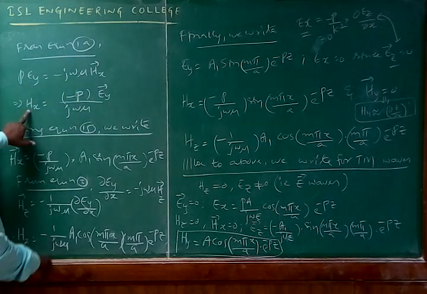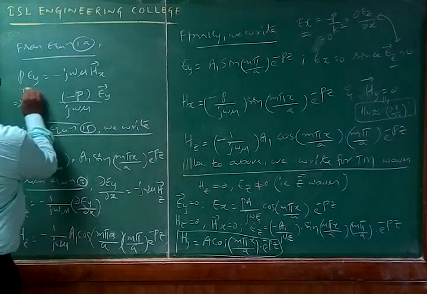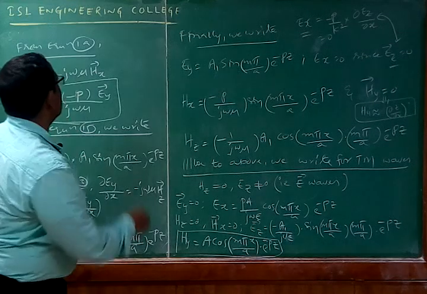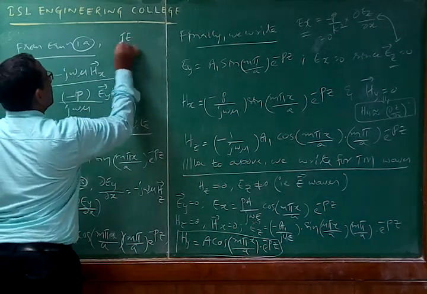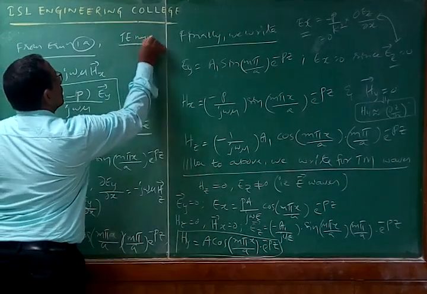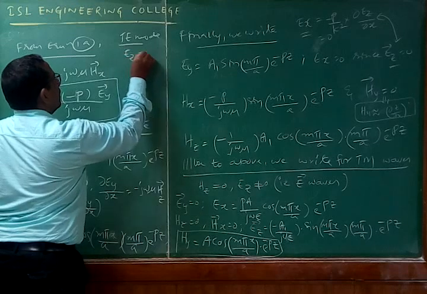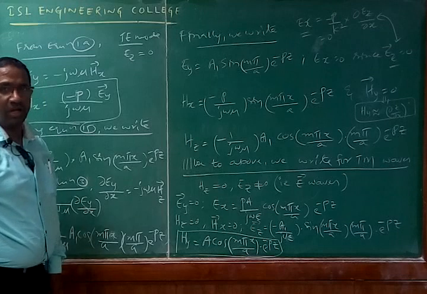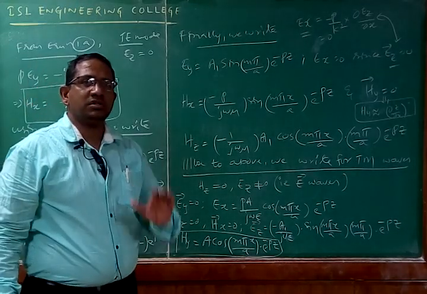From this I can get the expression for hx. What is the TE mode? In TE mode, Ez would be equal to 0. Why is Ez 0? Transverse electric field.